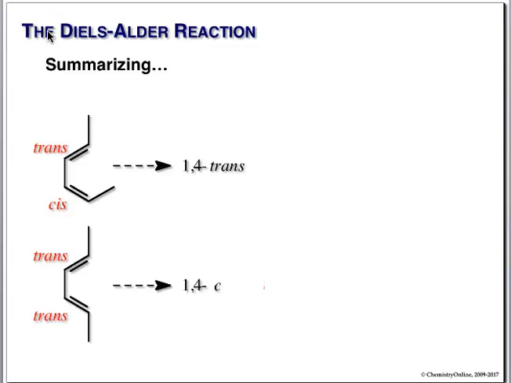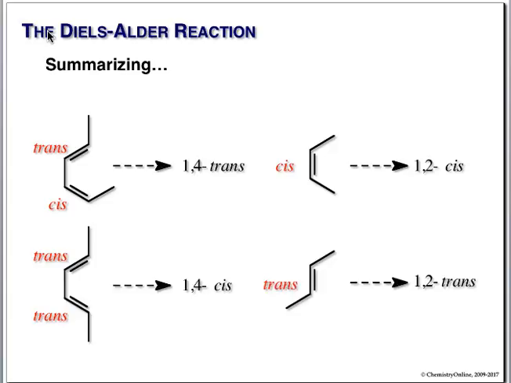Trans strands 1,4 cis. For our dienophile, cis was 1,2 cis, trans 1,2 trans. This is preserved. Trans trans gives cis, cis trans gives trans.